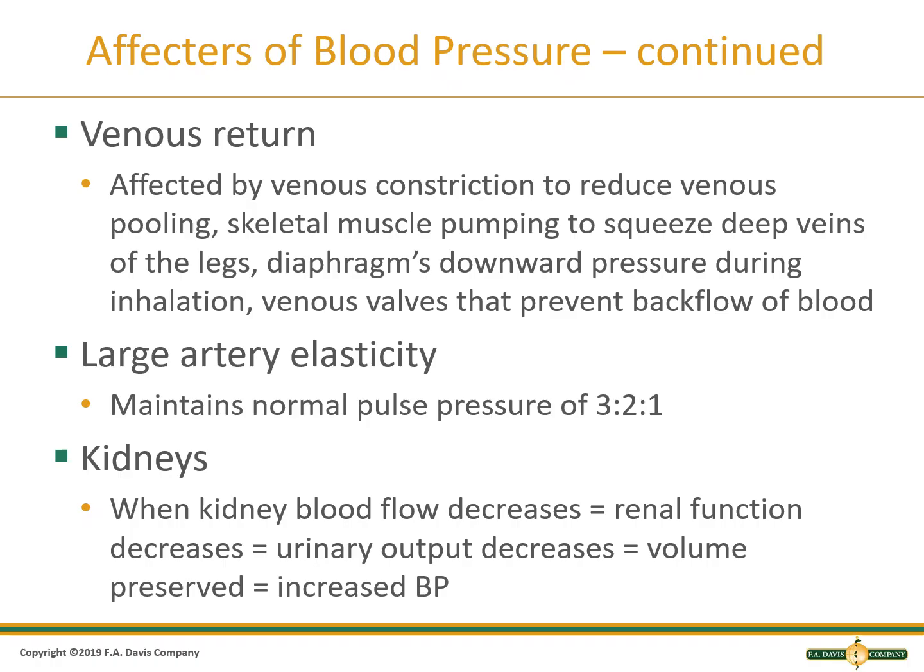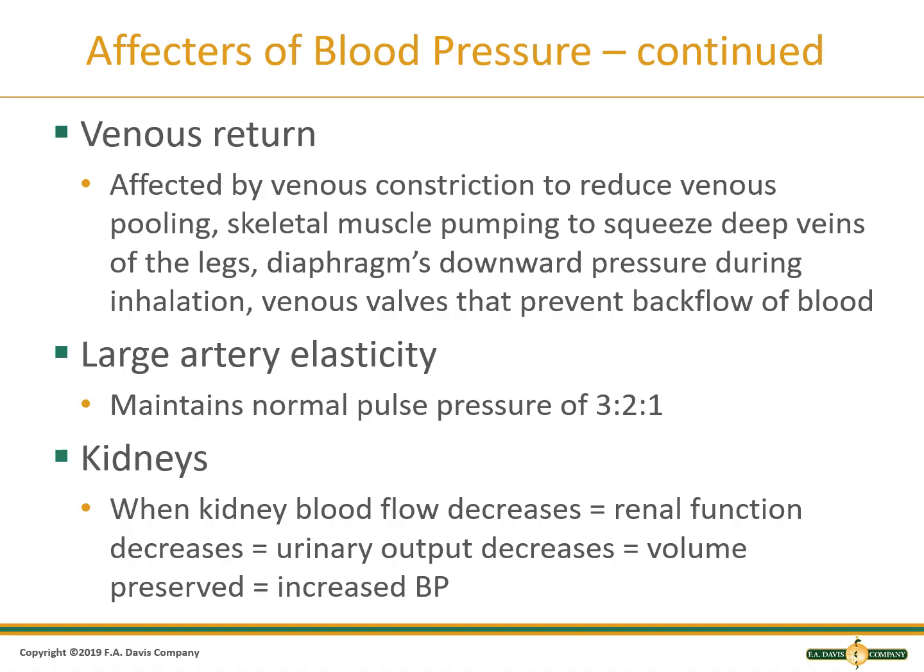Now, as we talk about kidneys, we cannot refrain from talking about that renin-angiotensin-aldosterone mechanism that you have already heard so much about. So again, the kidneys are the first organ to be compromised when there is a lack of circulation, a lack of blood flow or blood volume.